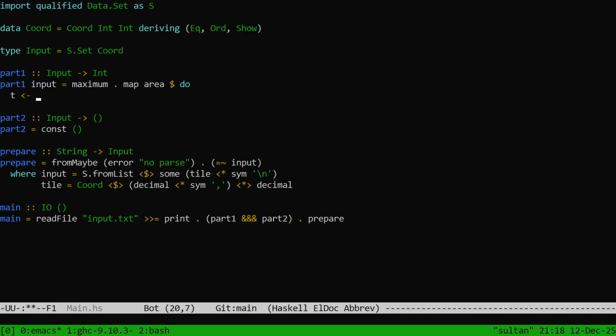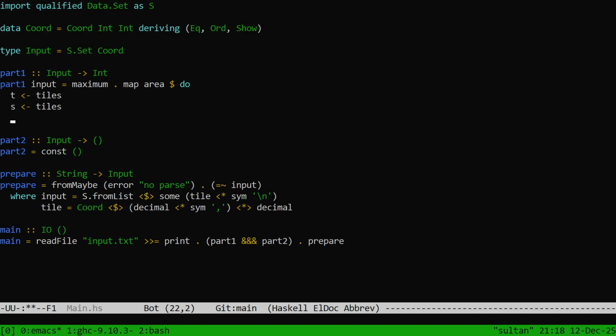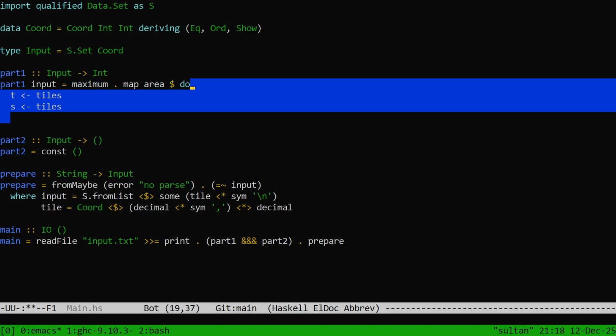Let's call this one input. Oh, I'm just re-implementing a built-in function.